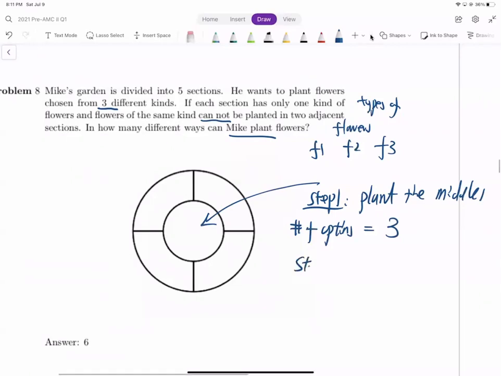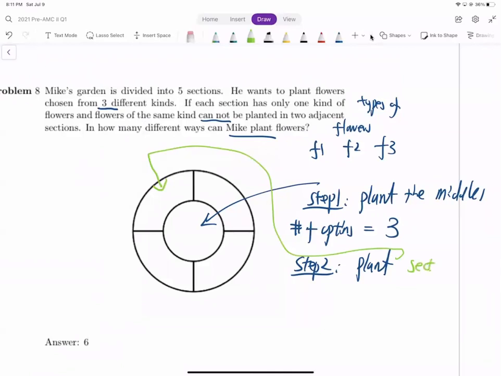And then we say, okay, for step 2, I want to plant this section. For this section, suppose you already planted flower type 1 here.